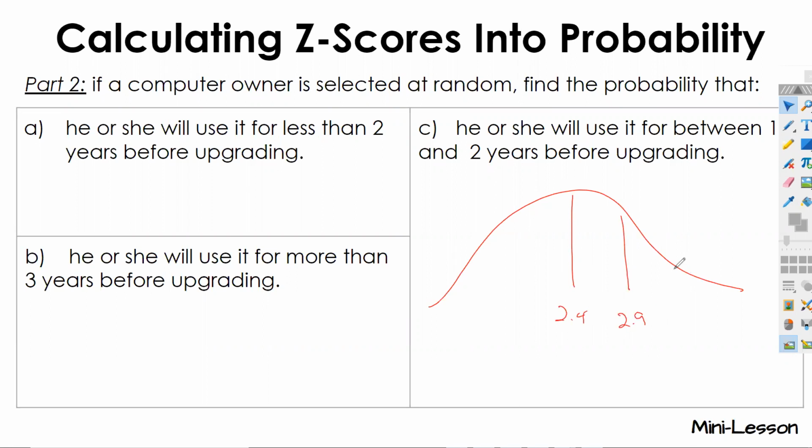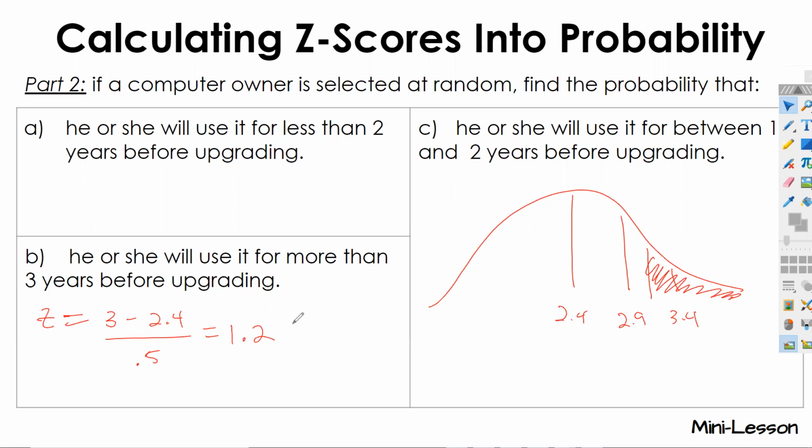Okay, on our normal distribution curve, we're looking at 3 or more years, right? So we're going to find our z-score because it's not on our normal curve. So we're going to have 3 minus 2.4, and we're going to divide it by 0.5, and that's going to give us 1.2.